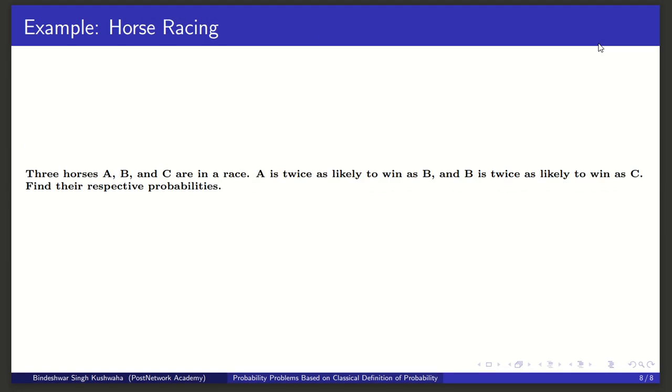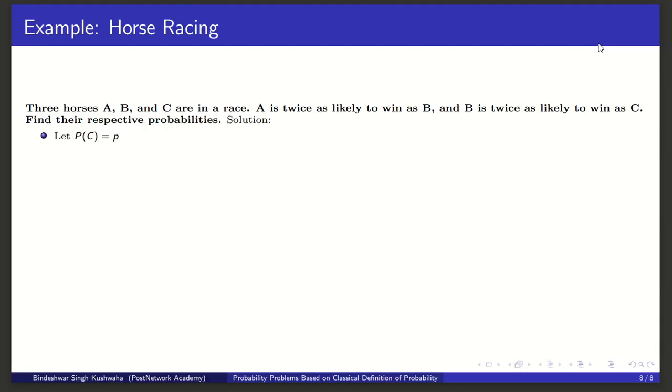Next, see that horse racing. 3 horses A, B and C are in a race. A is twice as likely to win as B, and B is twice as likely to win as C. Find their respective probabilities. So very easy question. So let probability of winning C be P. So probability of winning B would be 2P, and probability of winning A would be 4P.